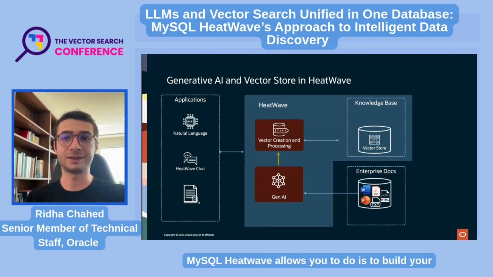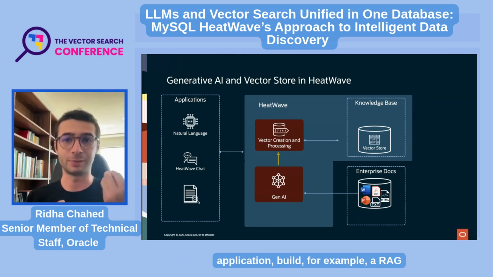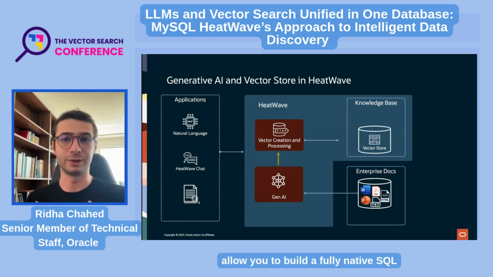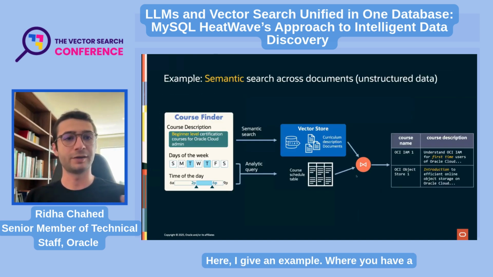So what MySQL HeatWave allows you to do is to build your application, for example RAG, on top of your enterprise documents, and build a fully native SQL application right in your database. Here, I give an example of a new way to do semantic search.